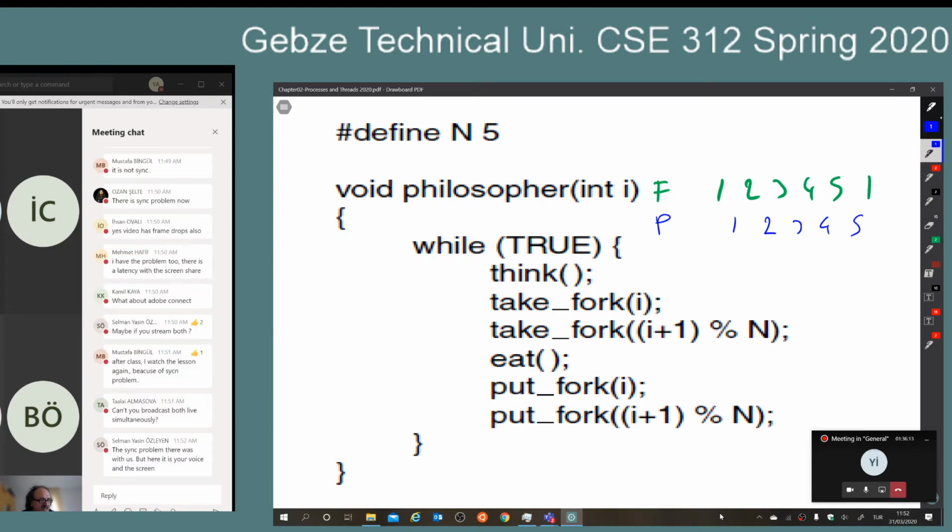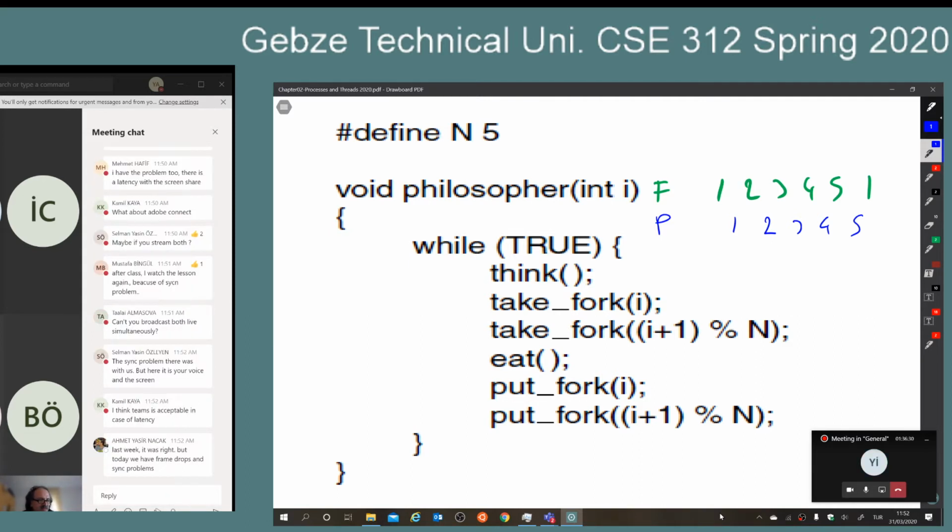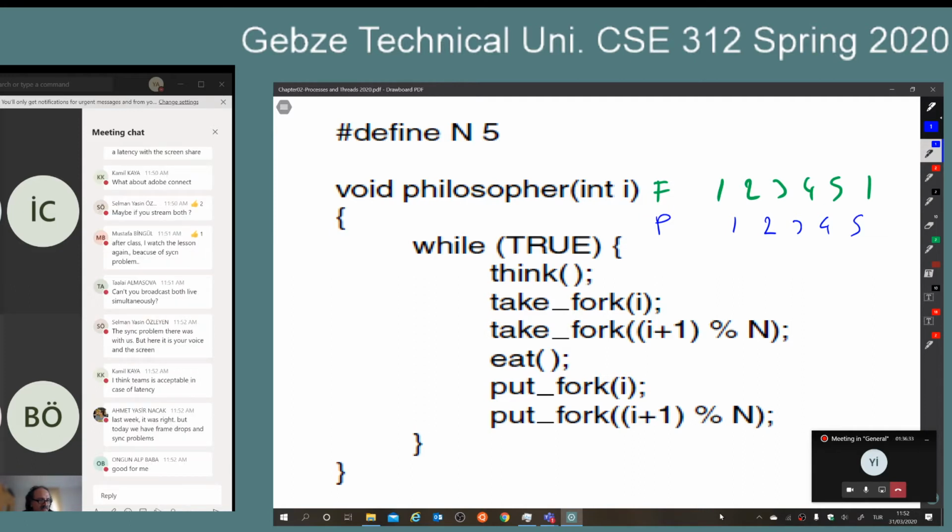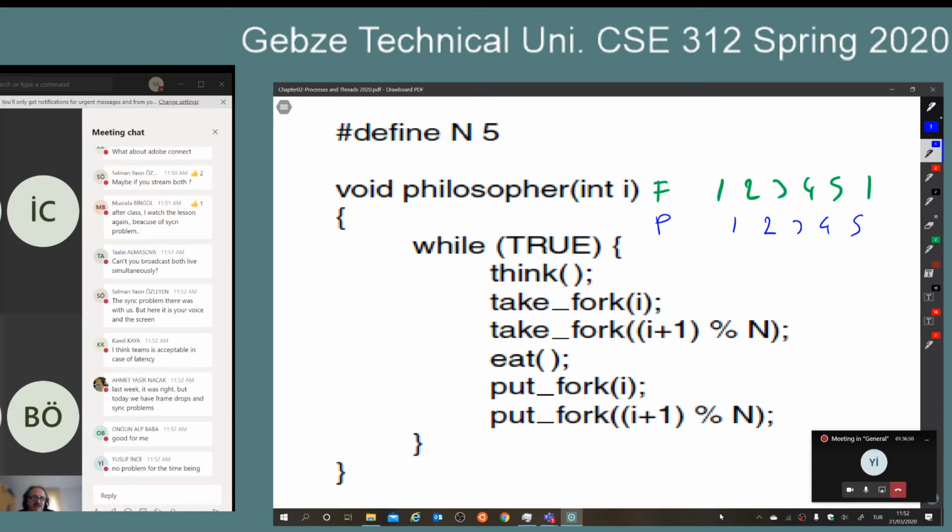Is anybody getting this right? I don't know what that means. Some people get it right, some people don't. There is not much I can do, and I will try to not write much, not talk much.